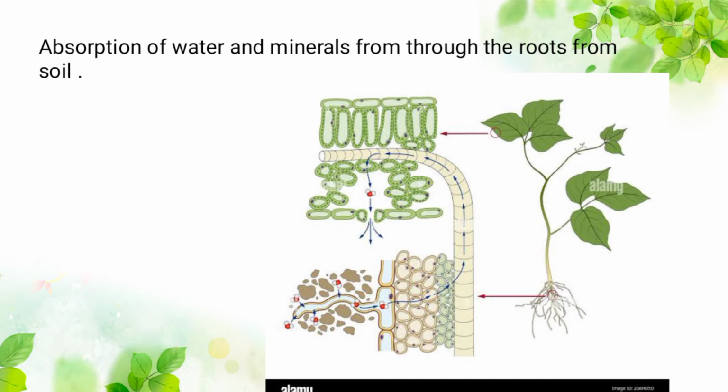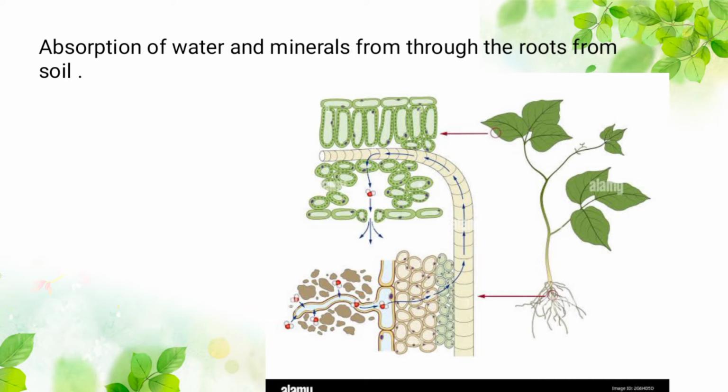The water and the minerals are taken up by the roots, and from the roots the blue arrow is slowly pulling the water and minerals up to the leaves. This is done by a pipe-like connection present throughout the plant, from the roots to the leaves. This is how water and minerals reach the leaves. So two raw materials have reached the leaves to help in the preparation of food.